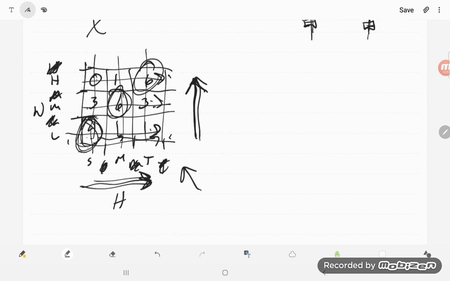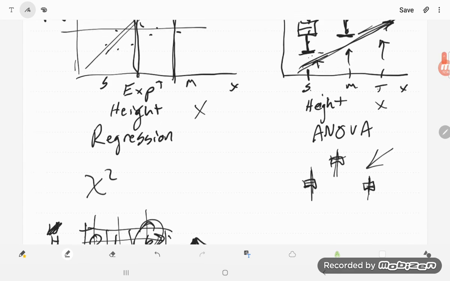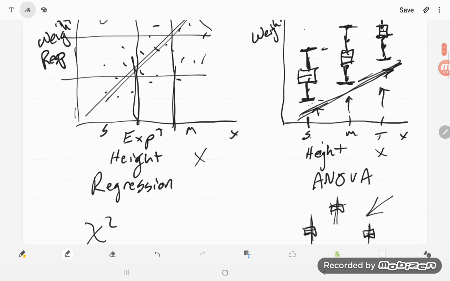So it's the same stuff. Different test because we've put our data into categories and counts. So a different test than either the ANOVA or the regression. If I categorized just the one, I would go with the ANOVA.